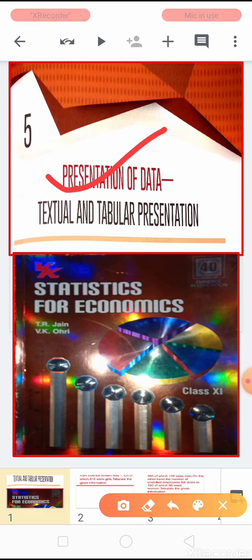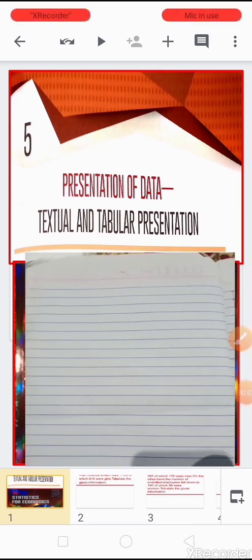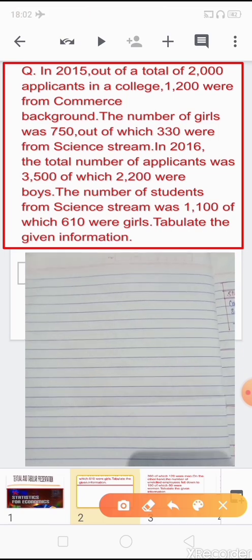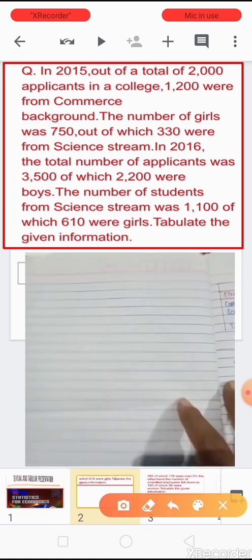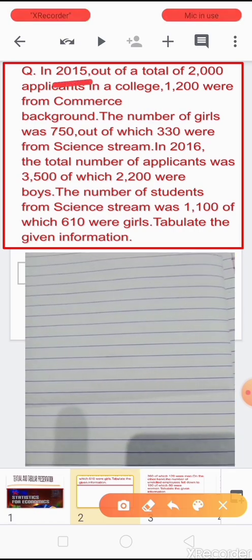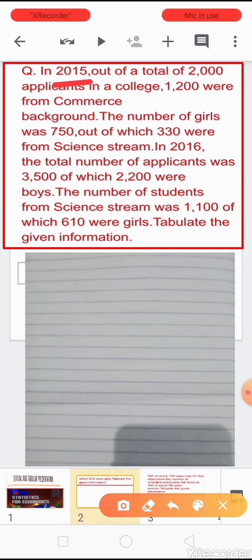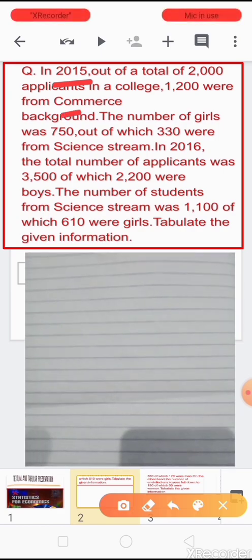So children, let us start with our first numerical of tabulation. Let's read the statement. In 2015, out of a total of 2000 applicants in a college, 1200 were from a commerce background.